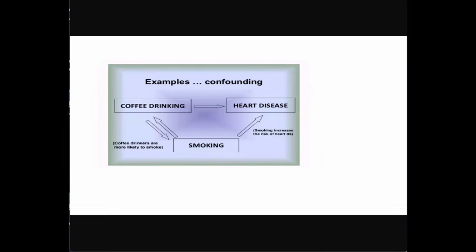So now you don't know whether the coffee drinking, which you think has a relationship with cardiovascular disease, is the cause of the cardiovascular disease, or whether it is the smokers in that study, where smoking independently also has an effect on cardiovascular disease. So if you want to do such a study, all you need to do is remove smokers, because smokers can confound it.